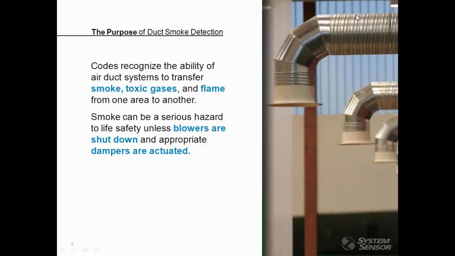And the code recognizes that duct systems also have the ability to transfer smoke, toxic gases, and flames created from a fire from one area of a building to another. The smoke and gases created in a fire event can pose a serious hazard to life safety unless HVAC equipment, which would include rooftop units, fans, and blowers, can be shut down and dampers closed to help decrease the spread of smoke and gases throughout a building.